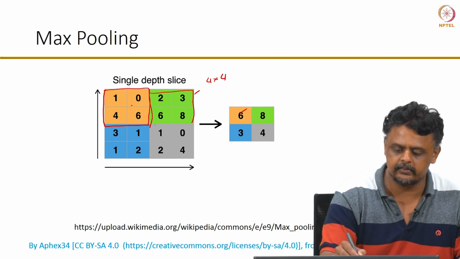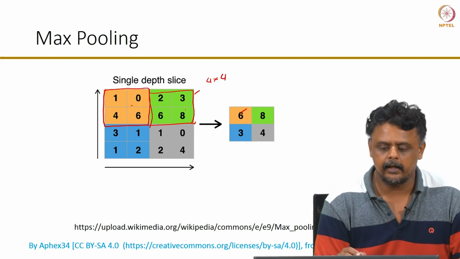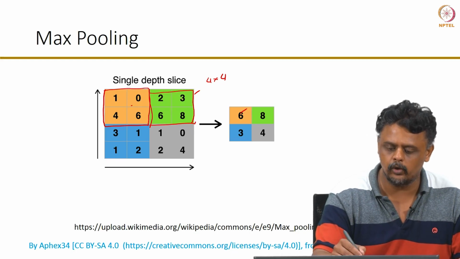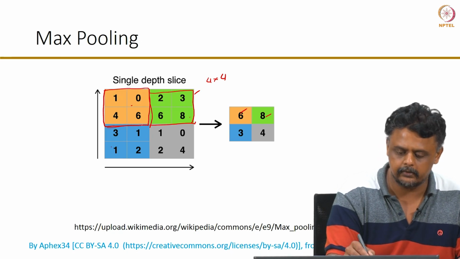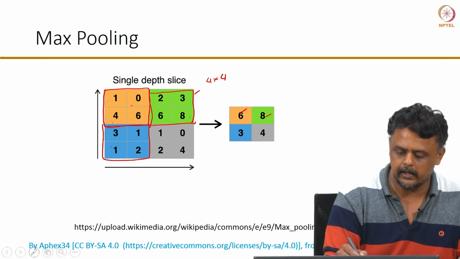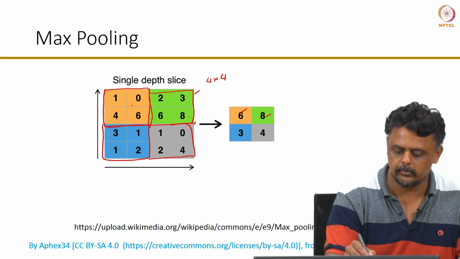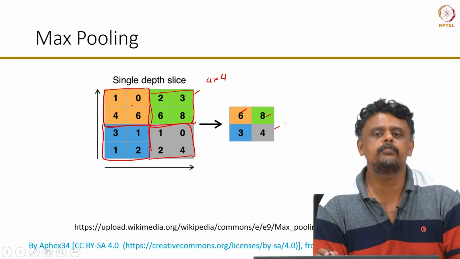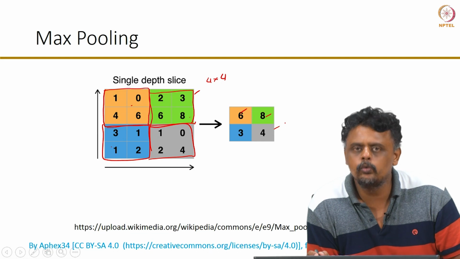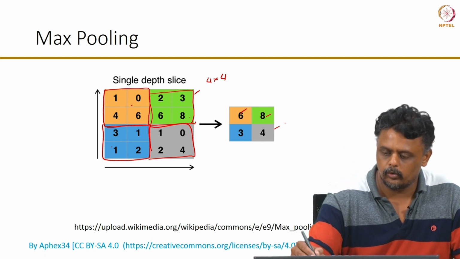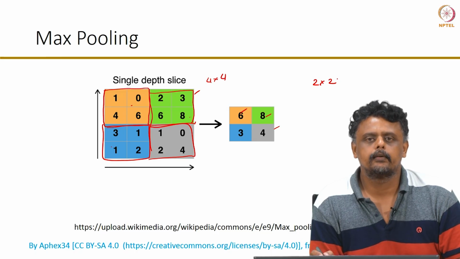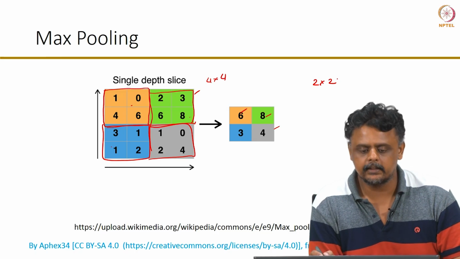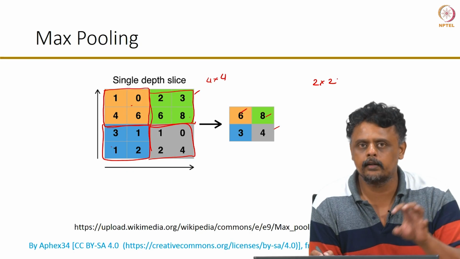In this window 8 is the maximum, in this window 3, and in this window 4 is the maximum. That is a typical max pooling of size 2 by 2, with a stride, which in this case is how many pixels you move before you do another max pooling operation.